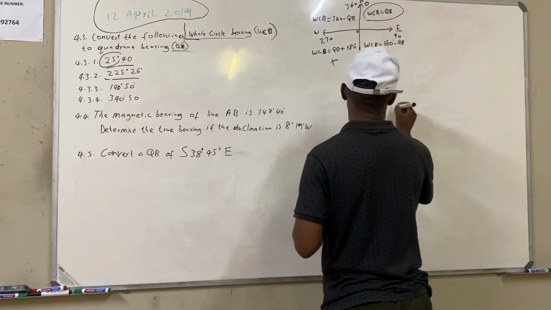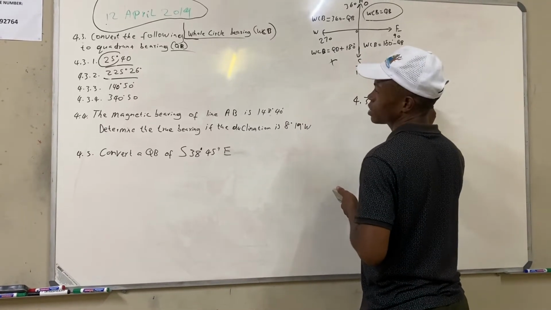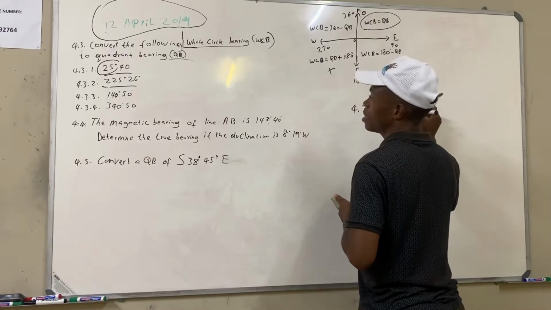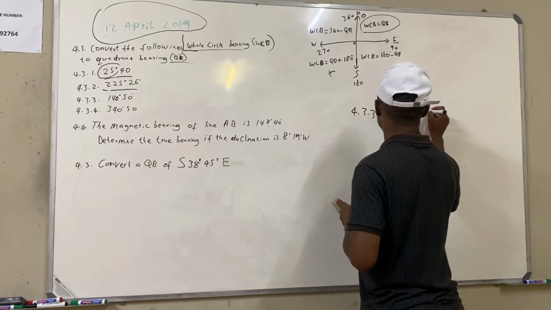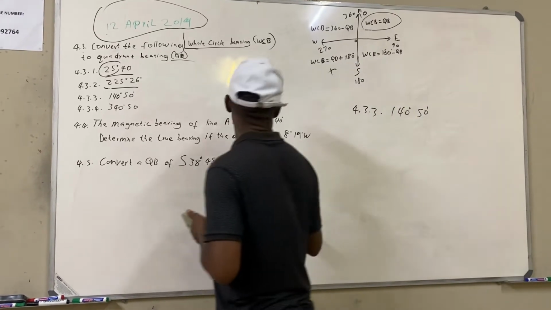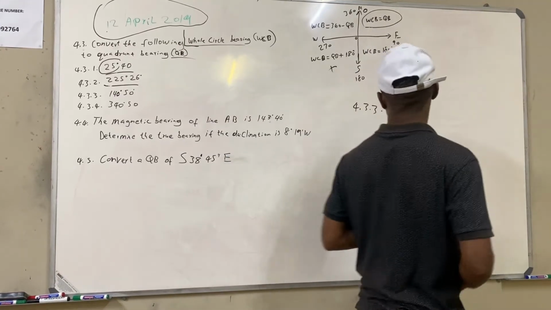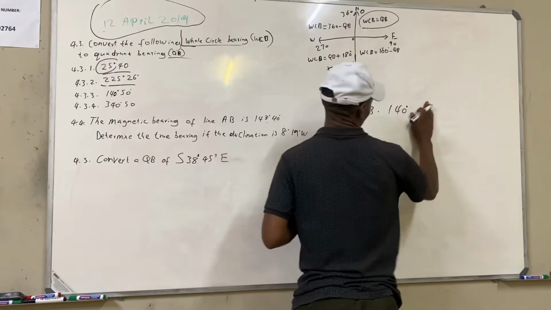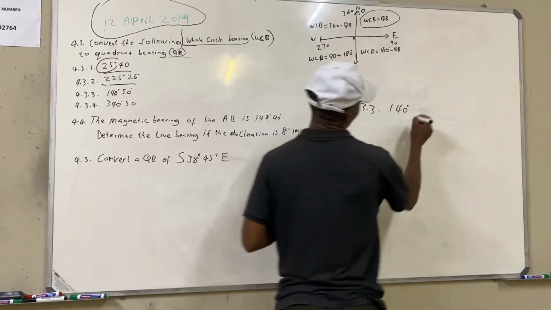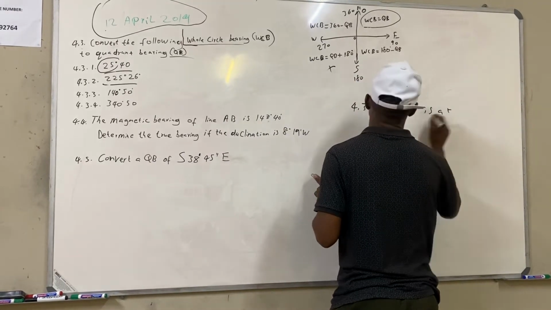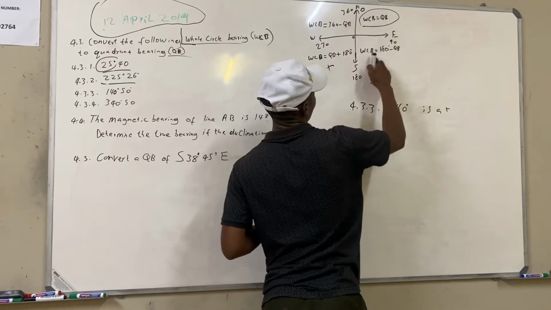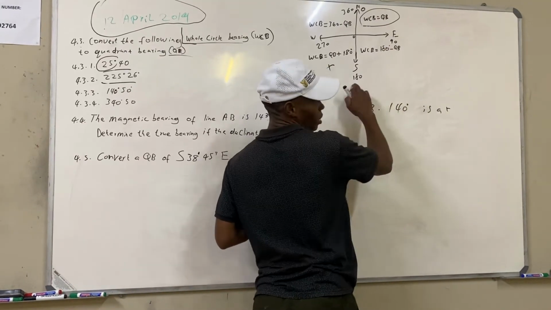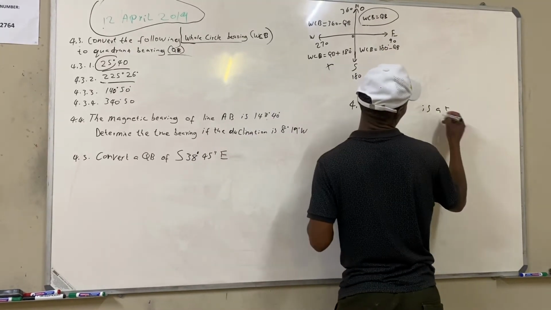The angle is 140 degrees 50 minutes. Which quadrant does it fall under? Let's check: 140 falls between 90 and 180, so it's going to be the second quadrant.